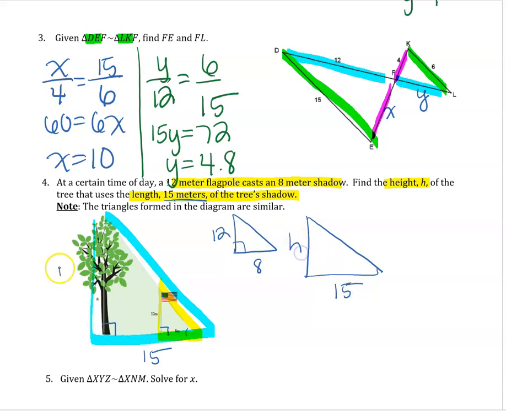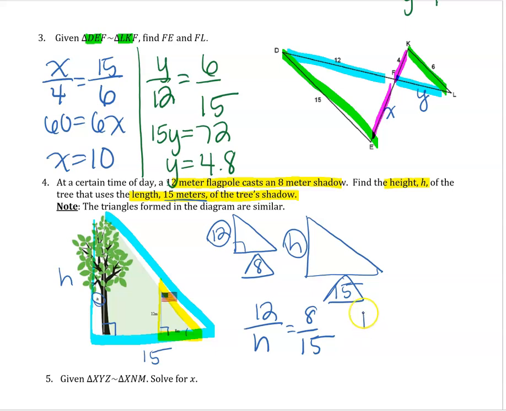And I don't know the height of the tree h, which they actually super teeny have labeled there for you. Okay, so I know the 12 corresponds to the h, as the 8 corresponds to the 15. Okay, and so from there, I'm going to save us some time and just say you should end up with 22.5 after solving.